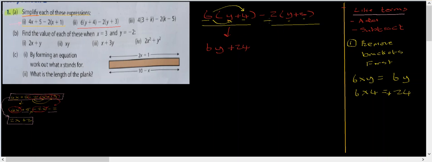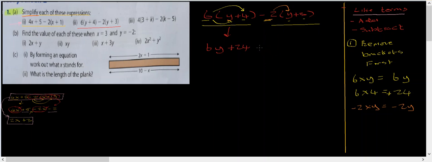So now we want to move over here to this side. So let's do these ones here. So we're going to have minus 2 multiplied by y, and we just do that here. So minus 2 multiplied by y is equal to minus 2y, and then we can put it down here.